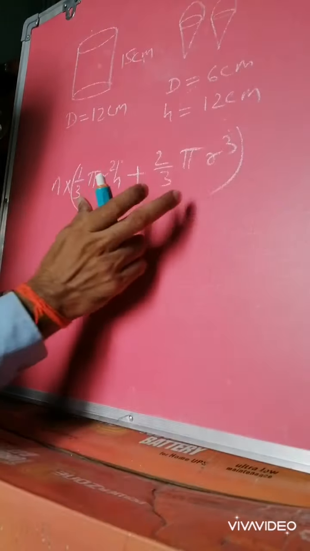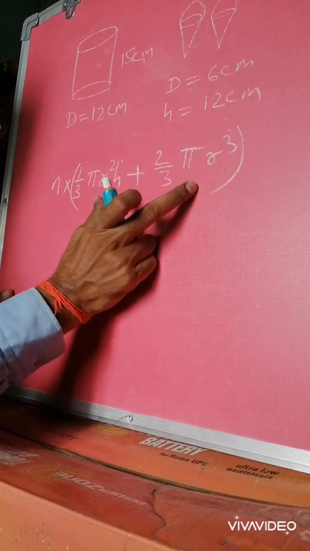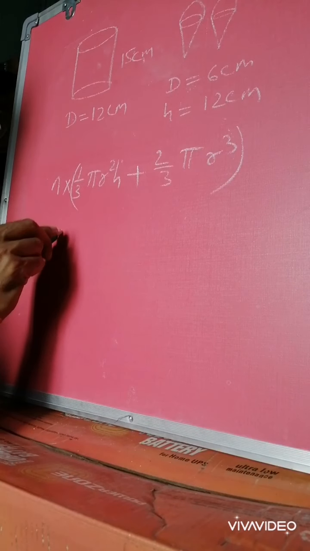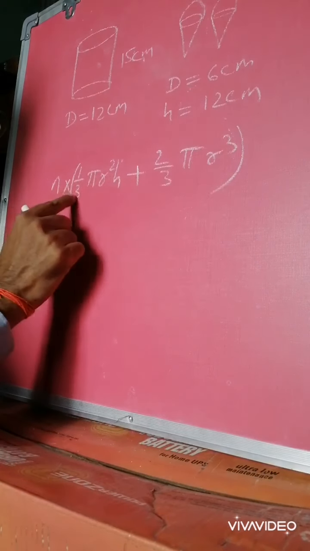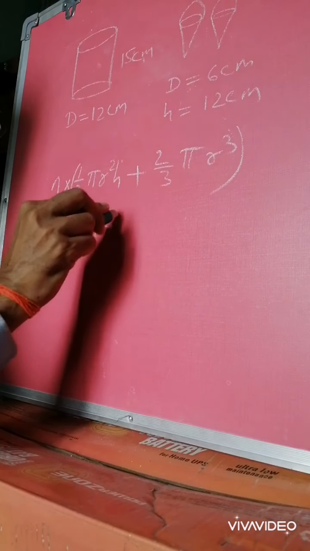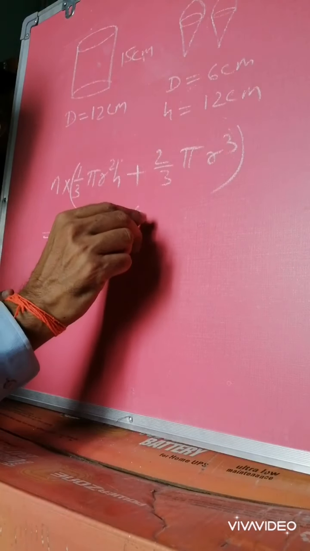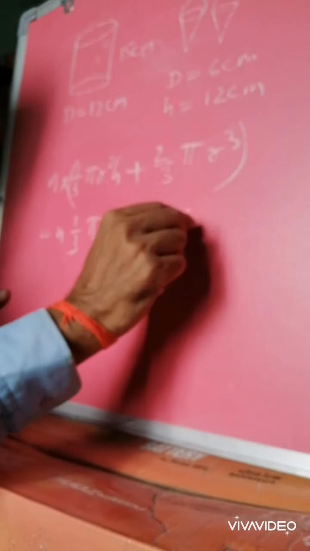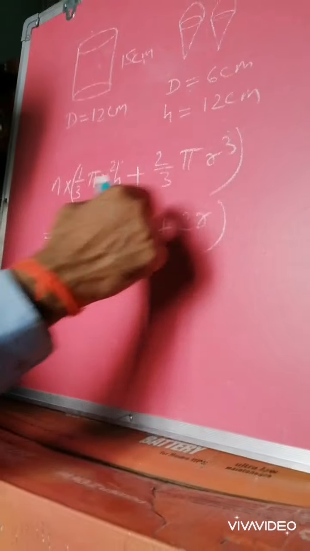So this is the volume of one cone ice cream, and n of them are there, so n is to be multiplied. Now take pi r square and 1 by 3 common.